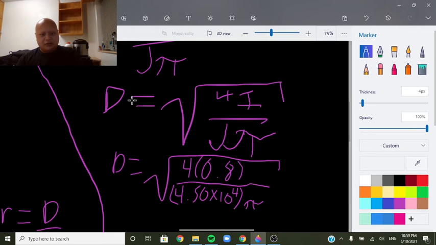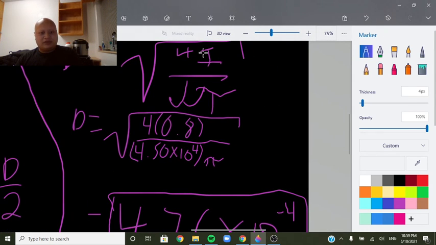So basically the diameter is equal to the square root of 4 times the current over the current density times pi. So now all you've got to do is plug in the numbers. The current I is 0.8 amps, and J, the current density, is 4.5 times 10 to the sixth.